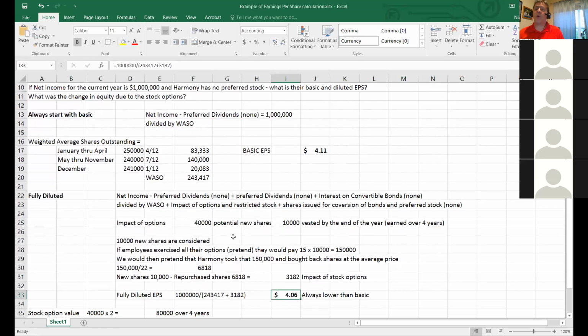Although if you're a publicly traded company, you have to do earnings per share every quarter, so four times a year. It doesn't happen that often, but a lot of things go into figuring it out.